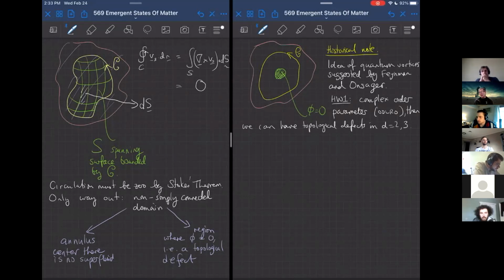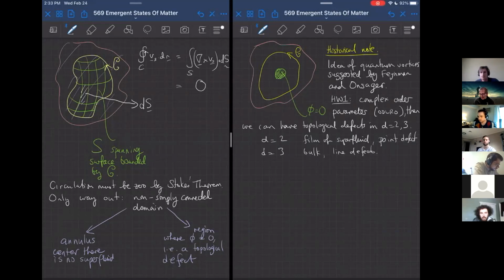If we have a superfluid film, we can have a pointwise topological defect. So this can be a film of superfluid, which will have a point defect. If we have d equals 3, so we have bulk superfluid, we have a line defect. So we can have these defects.